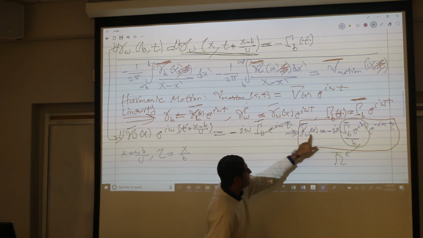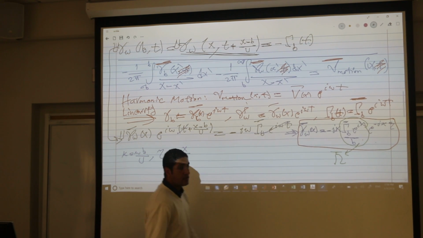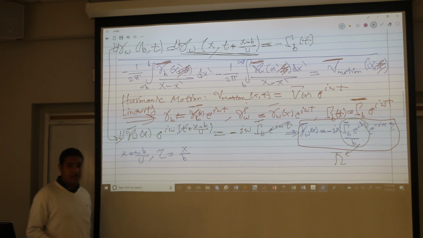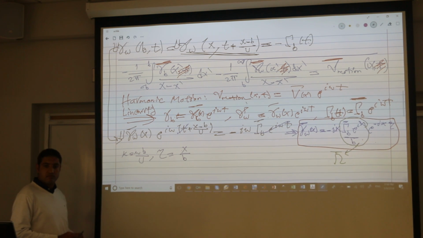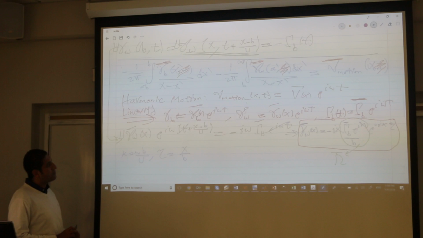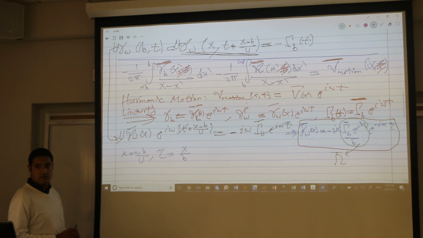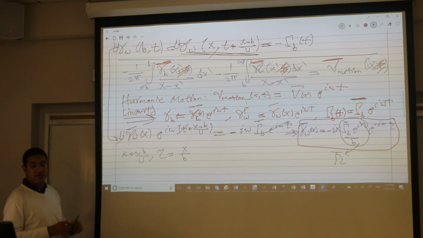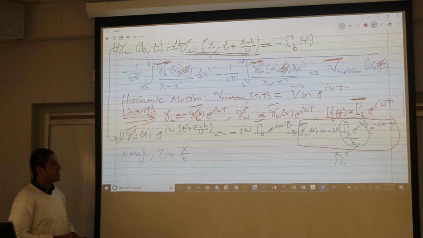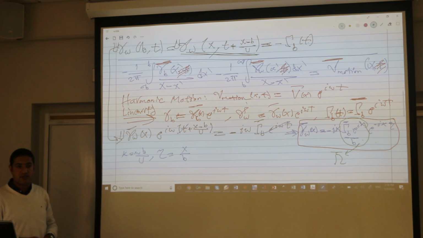This is just a number, but this is a function of x. So can you tell me what's the next step? What should we do now? Okay, we got this gamma wake as a function of total bound circulation. What should we do?